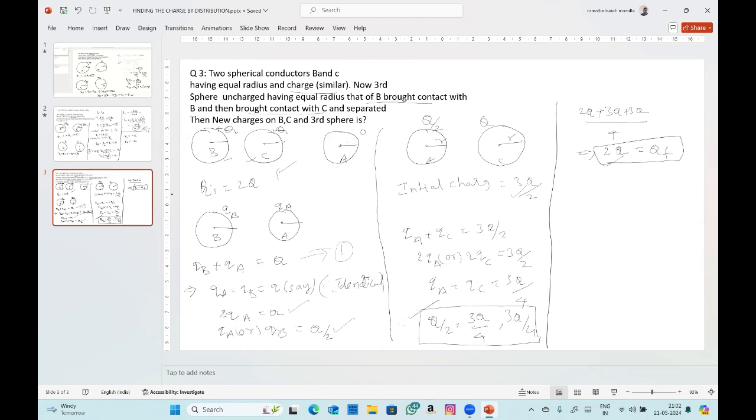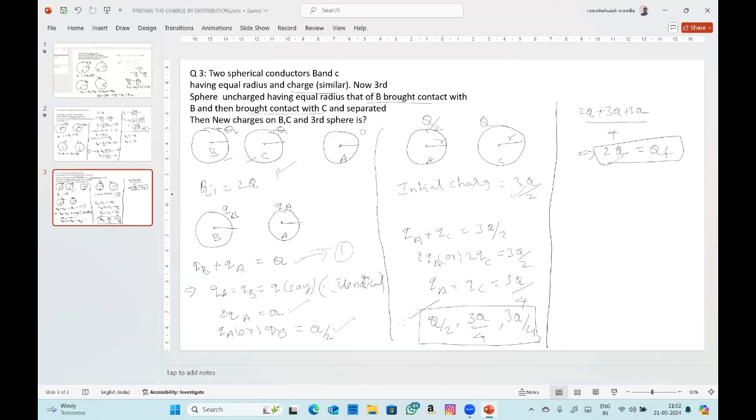So here, this is basic information on how to verify the law of conservation of charge and distribution of charge, and in what case it takes place, with the help of spheres. Now see, A is in contact with B. For these two spheres, the initial charge is Q, because B is plus Q and A is 0. So QA plus QB is equal to the initial charge Q. QA and QB are the charges of the spheres after distribution.